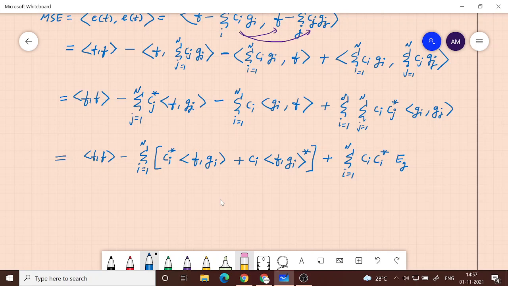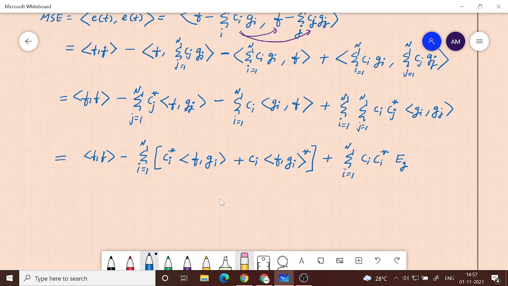But the point is that gi inner product with gj when i is not equal to j is going to be 0. Since they are 0, I will not get any contribution from there to the sum. How many contributions will I get? Only the cases where i equals j. How many such cases are there? Out of n square cases, there are only n cases which will survive.